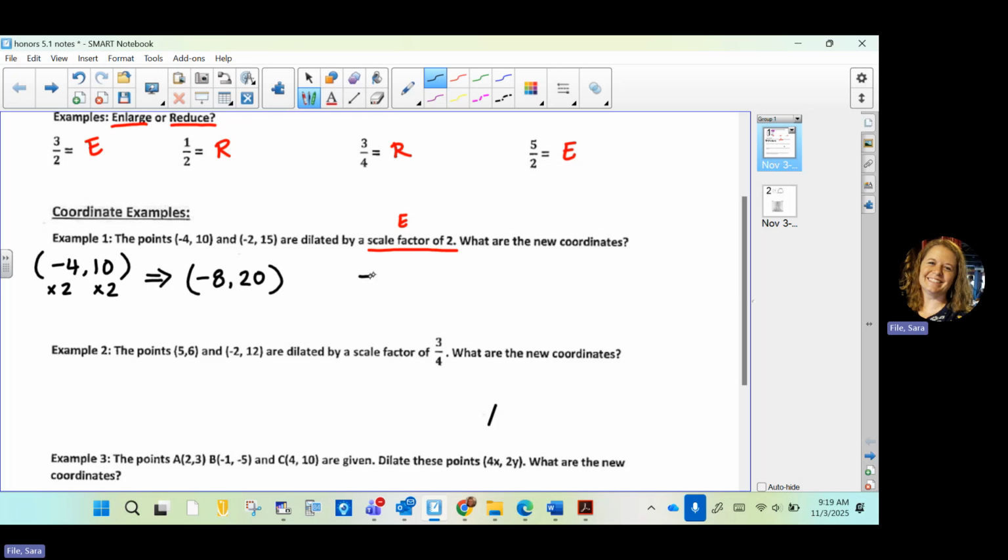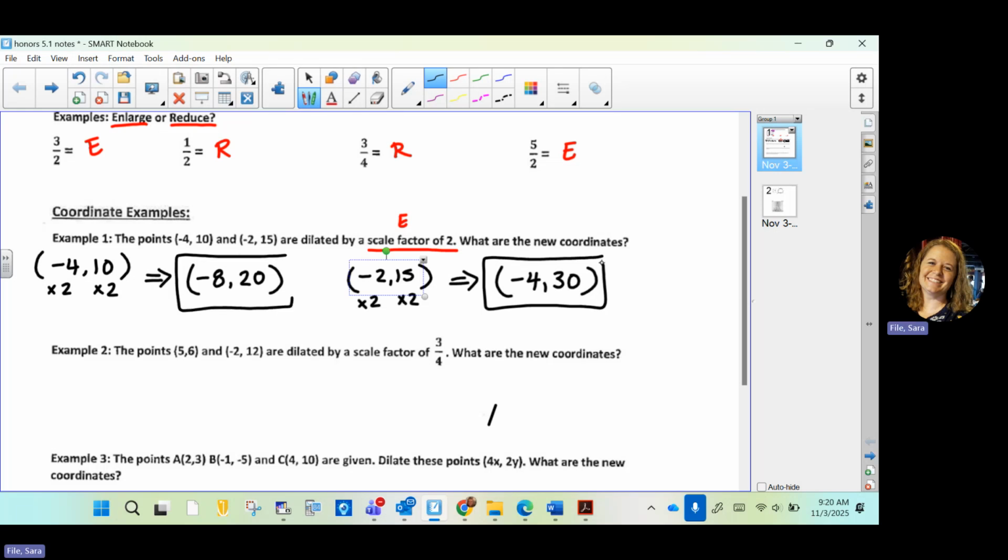And then I'm going to take that other one, (-2, 15). I'm going to do the same thing. I'm going to multiply both the x and the y by 2, which is going to give me what? (-4, 30). Okay, so the new coordinates are here.